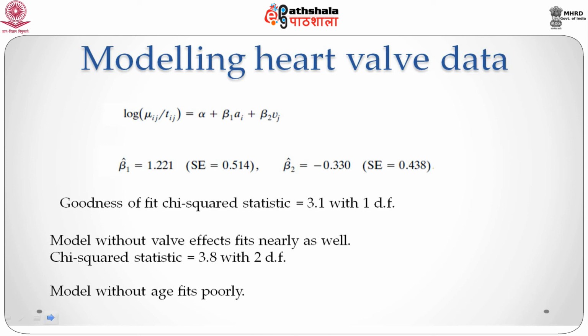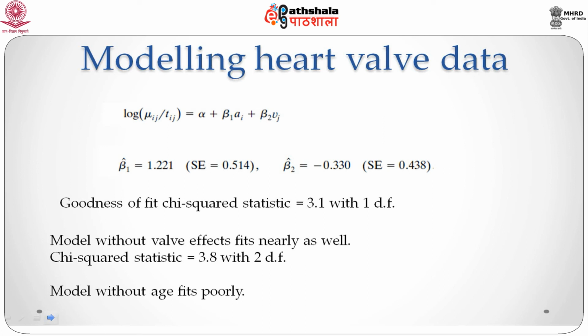So given Tij, the expected rate is mu ij by Tij, and the model is log of mu ij by Tij equal to alpha plus beta 1 Ai plus beta 2 Vj. So we can then use the standard maximum likelihood techniques, treating the Nij as my outcomes and Ai and Vj as the covariates, Tij as an offset.